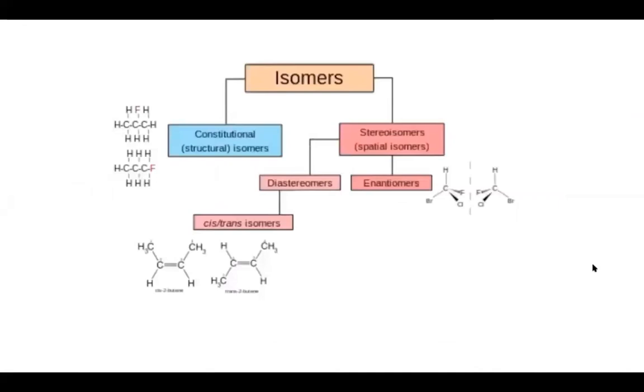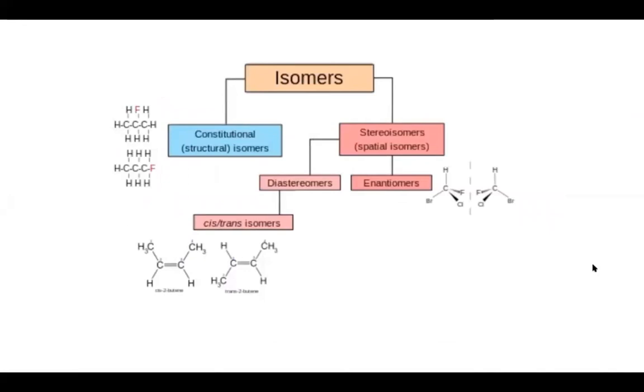This chart just demonstrates what I just said. We've got our broad category of isomers, which are molecules that have the same formula but different structures. Then we have our constitutional or structural isomers, and here's a great example of that.